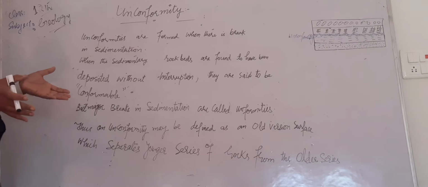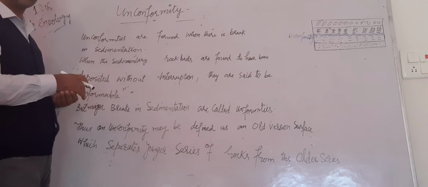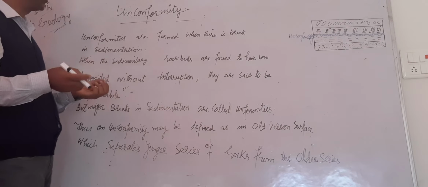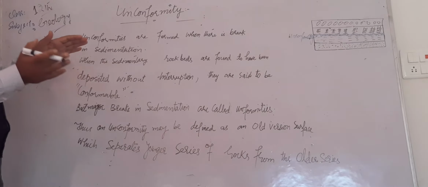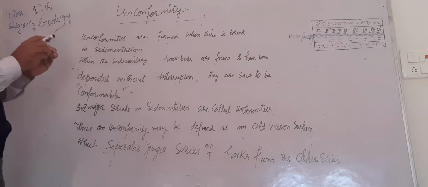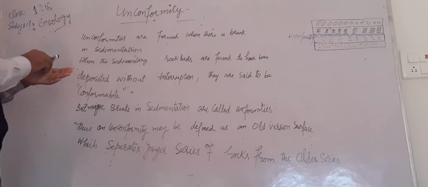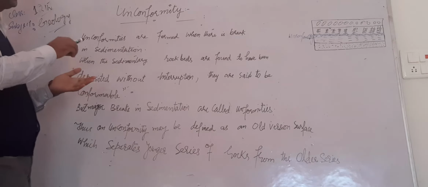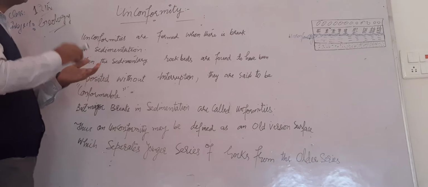So conformity means those beds which are formed continuously, and unconformity means when there is a break in sedimentation. There is no continuous process of sedimentation, there is a gap or a break in sedimentation, then we can say that there is an unconformity.